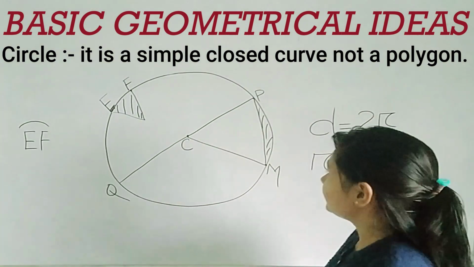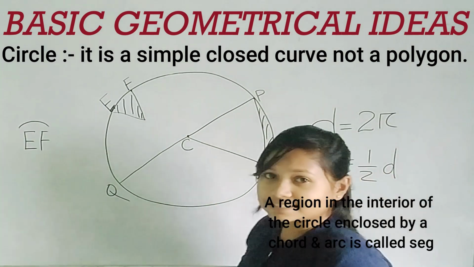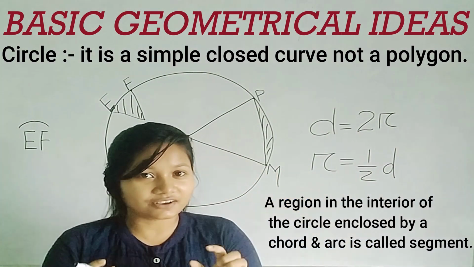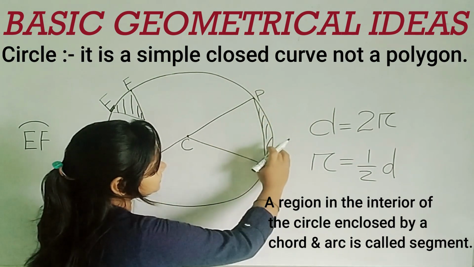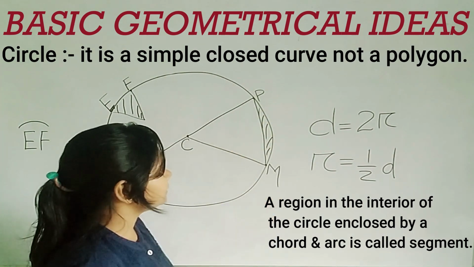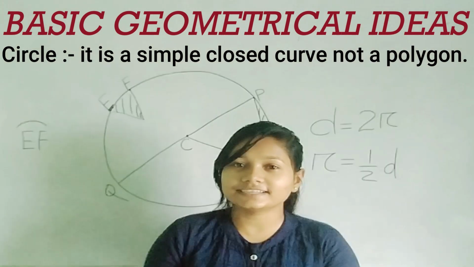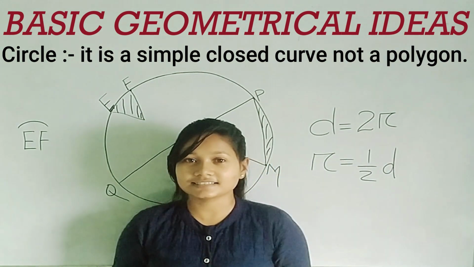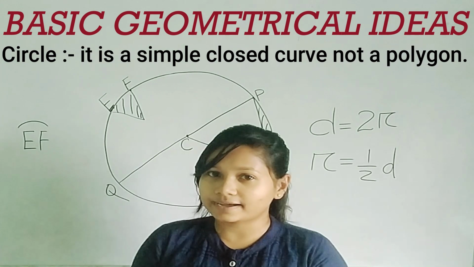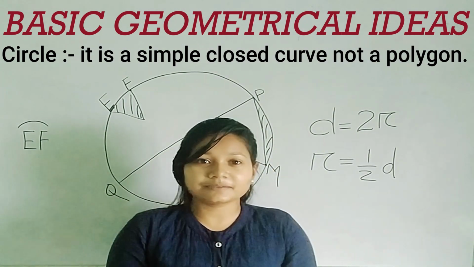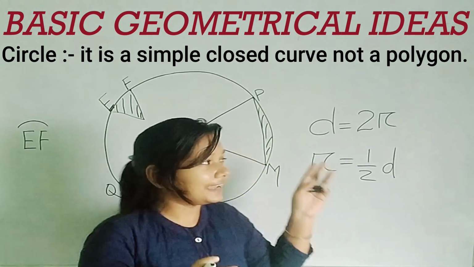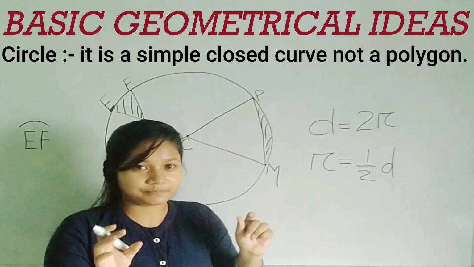Then what is a segment? The portion which is enclosed by an arc and a chord is known as a segment. Like this. This portion is known as our segment, right? The difference between sector and segment is that the sector is enclosed by an arc and a pair of radii, whereas the segment is enclosed by an arc and a chord, right?